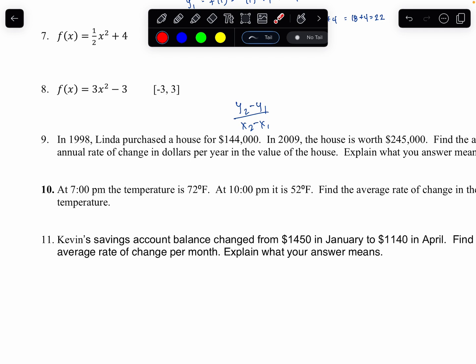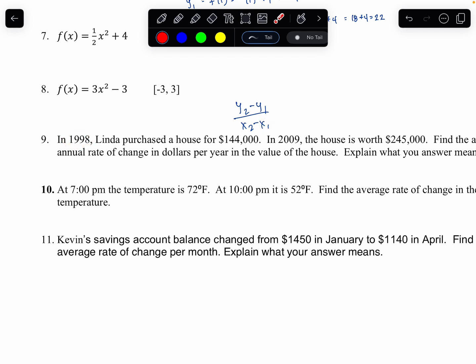Now, time is always going to be, if you have time, that is most likely going to be the x values. So 2009 was the end of the interval. So 2009 and 1998 would be the last of the interval.